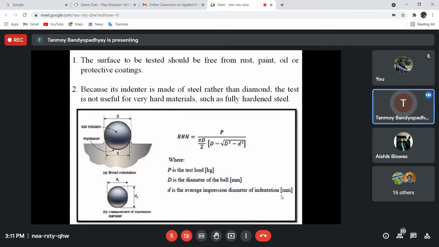This is the diagrammatic representation of the thing. This is the test surface. On the test surface, a steel ball or a ball indenter is projected onto the surface, and an impression is formed on the surface.